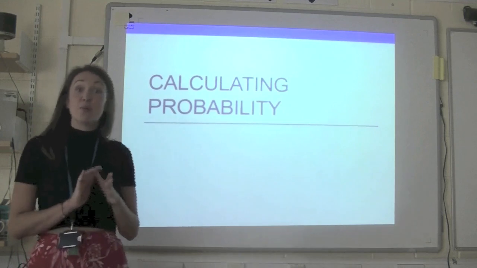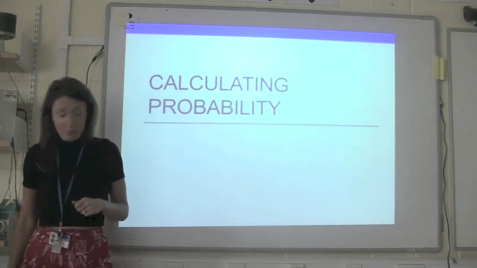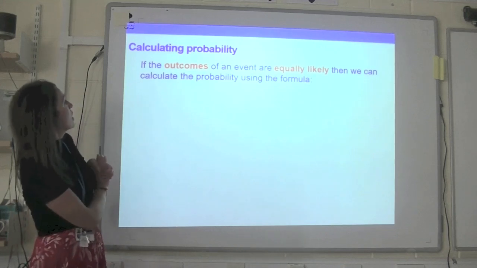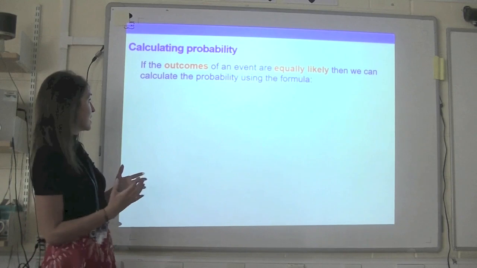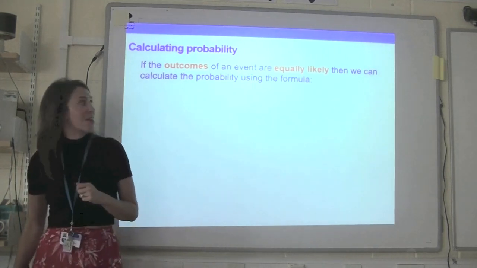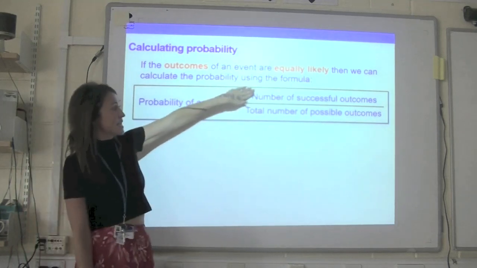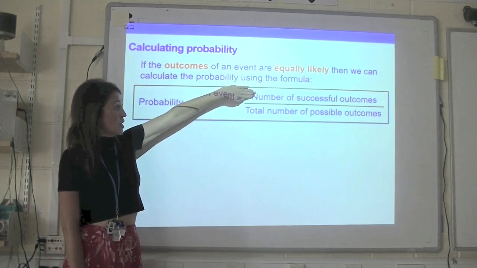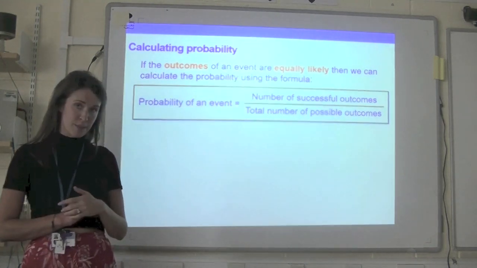Now I'm just going to do a little bit more, which is about calculating probability. So, if the outcomes of an event are equally likely, then we can calculate the probability using this formula. The probability of an event is the number of successful outcomes divided by the total number of possible outcomes.